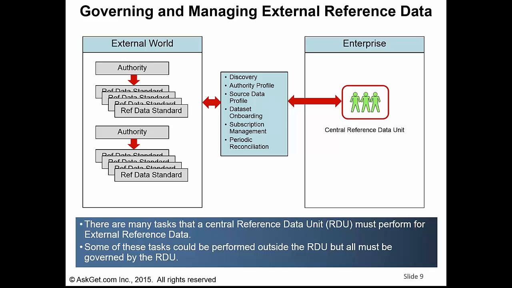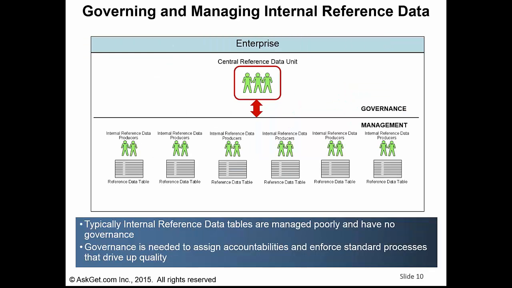Maybe you're going to miss an update. You have to reconcile back to the external authority once in a while to make sure that you have the full set of reference data. So these are just some of the tasks in managing external reference data that a central reference data unit will need to carry out. Now let's look at governing and managing internal reference data.